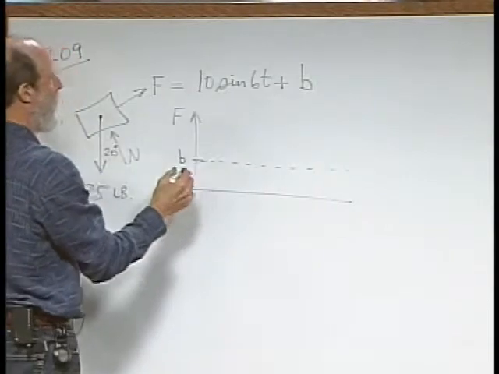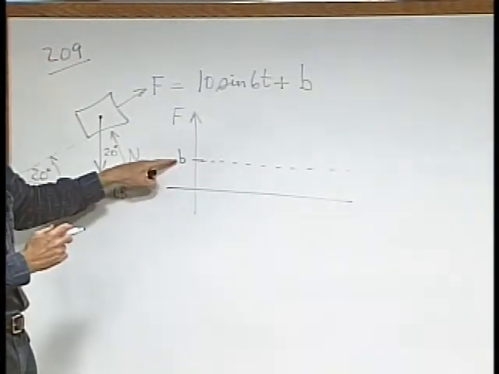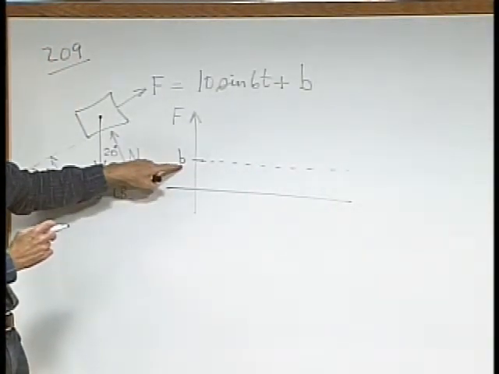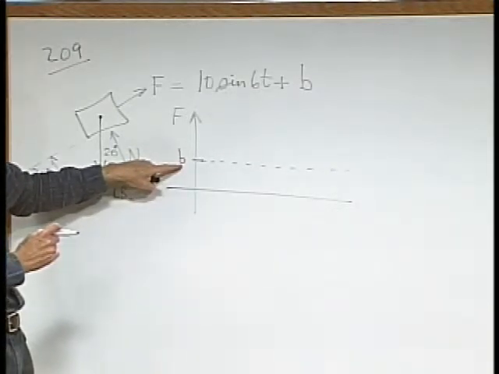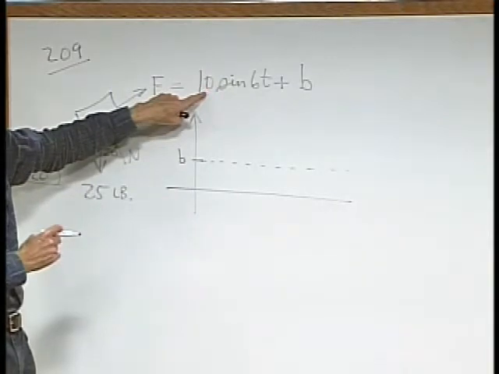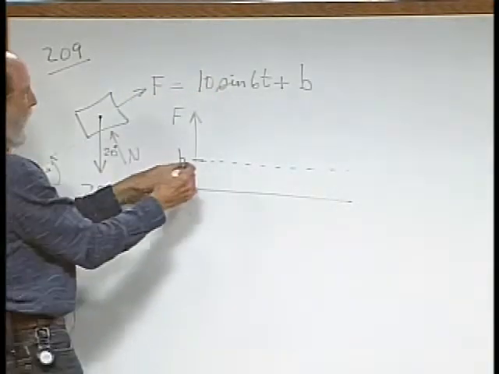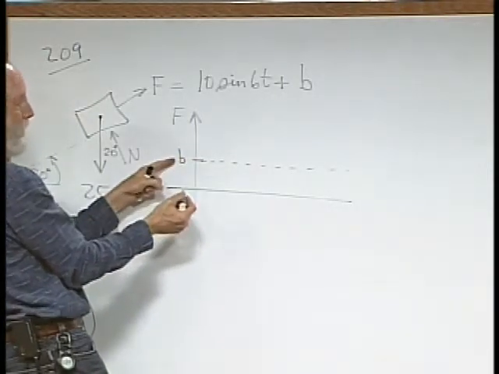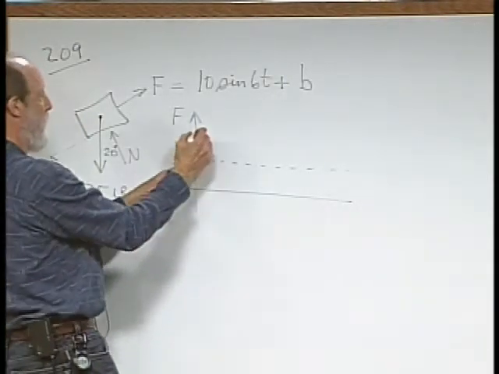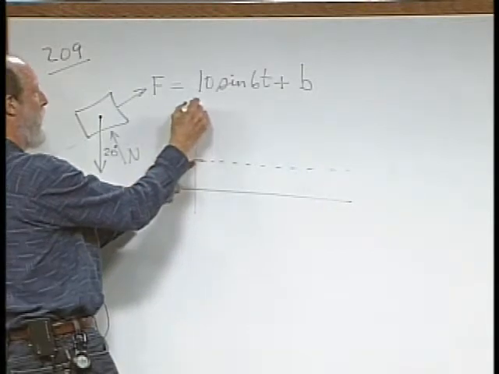And then in part A, they want this B value to be 5 pounds, didn't they? 5 pounds, and the amplitude of the function is 10 pounds. So if I imagine my scaling here to allow for this to be the 5, then doubling that is going to be my amplitude.